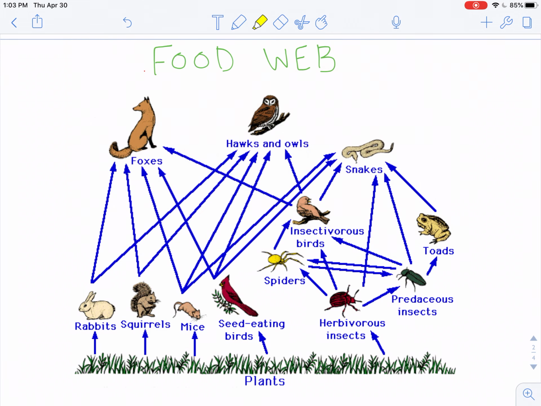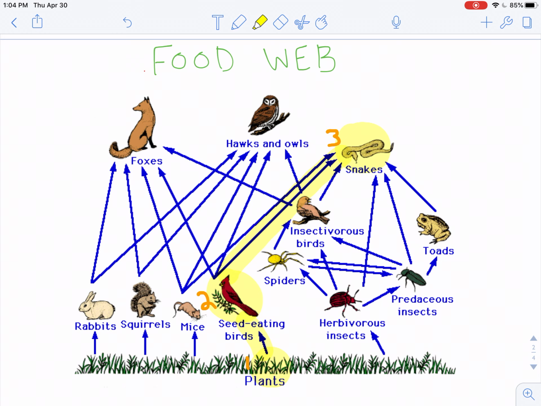If I pick out one food chain in this food web, let's see what that looks like. We start with the first trophic level, the plants, getting eaten by birds, and the birds get eaten by the snakes. So we can see this path represents one food chain. And if we label this, we've got the first trophic level, second trophic level, and third trophic level.